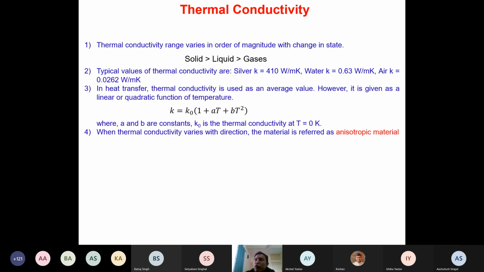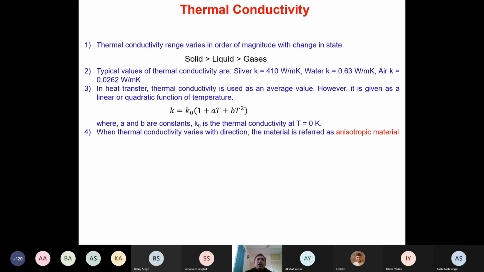In most cases we use K equal to a constant value, where this constant value is nothing but the averaged value, but it is also a linear or a quadratic function of temperature. Okay, where A and B are constants. K naught is the thermal conductivity at absolute zero temperature.